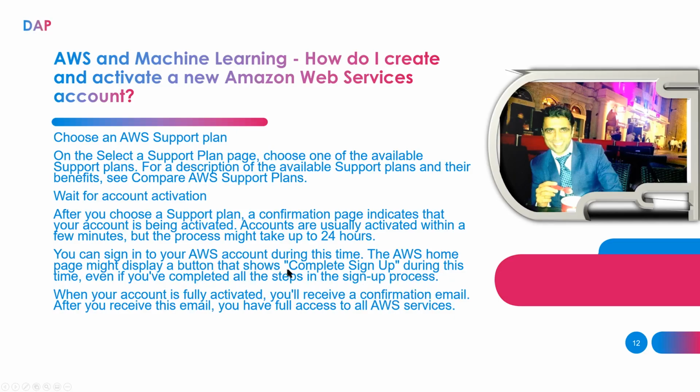This can happen while Amazon is collecting all information and doing the backend for you. When your account is fully activated, you receive a confirmation email. So I request you to keep a good look at the email that you have provided to Amazon. After you receive this email, you have full access to all Amazon Web Services. Once you receive the confirmation, you are good to go.